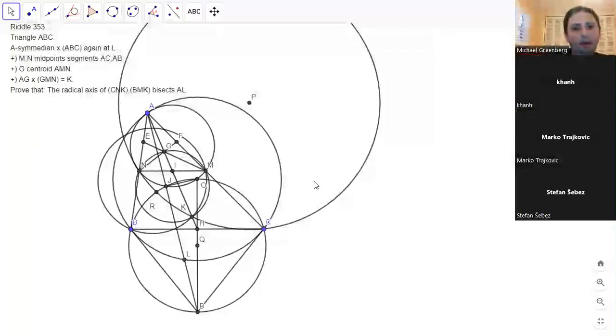So I think AJC is tangent to AB and AJB is tangent to AC. That's like a famous theorem.